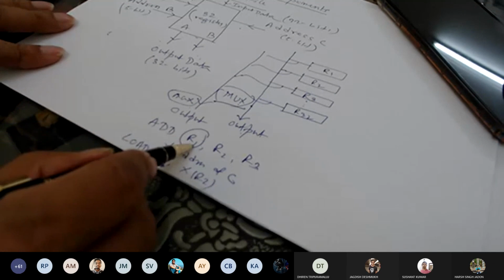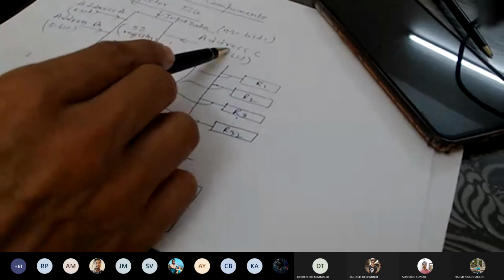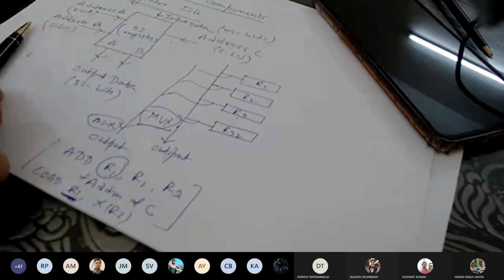And for this R1, it is coming from the arithmetic logic unit. So this is the reason we require address C and input data.